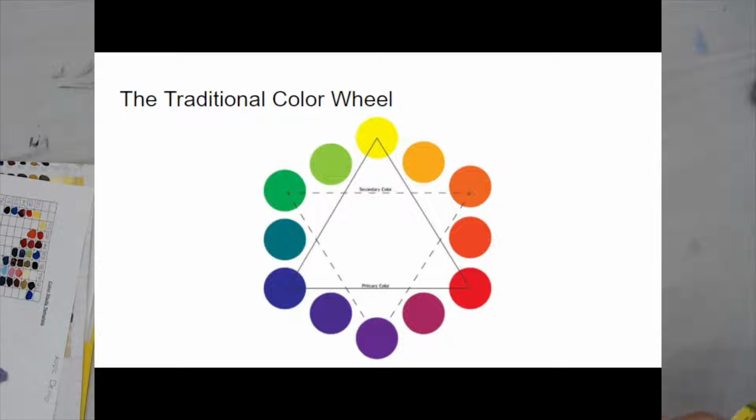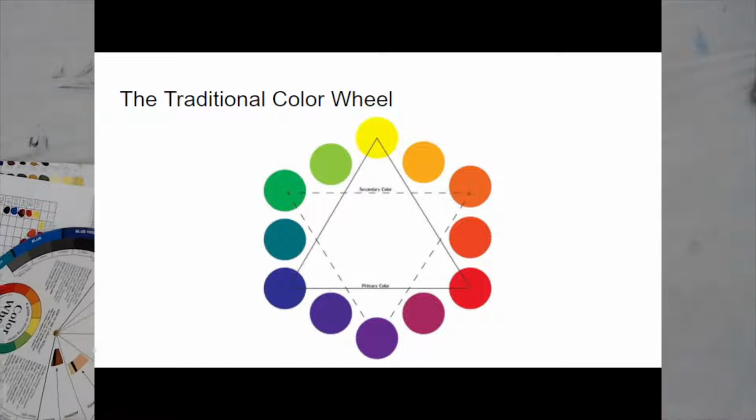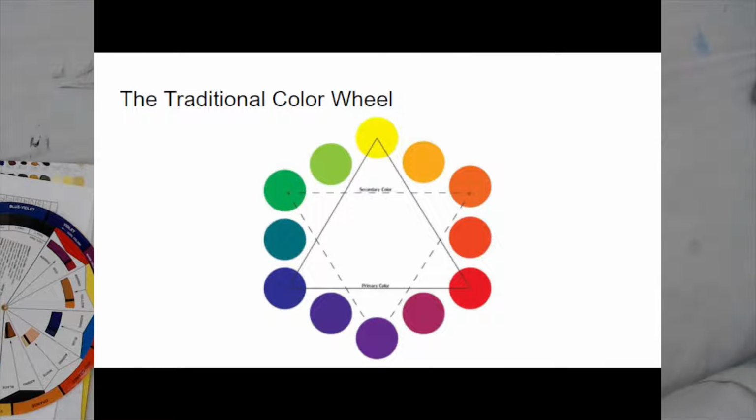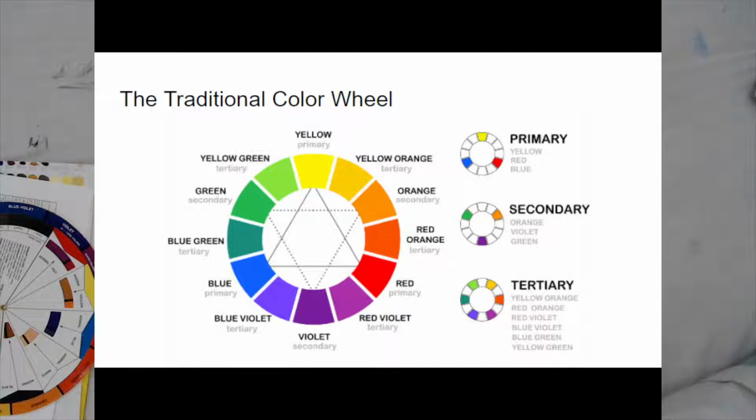In a perfect world, if pigments were perfect, we have our primaries, red, yellow, and blue, secondary, orange, violet, and green, and then our tertiary colors, yellow-orange, red-violet, blue-green, and yellow-green. And here they are nicely arranged, and you guys have a copy of this.